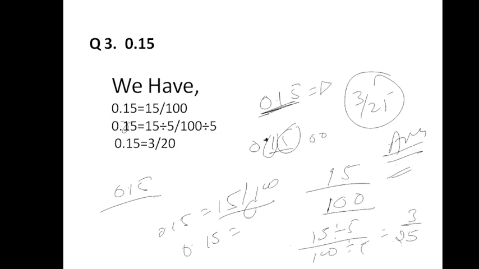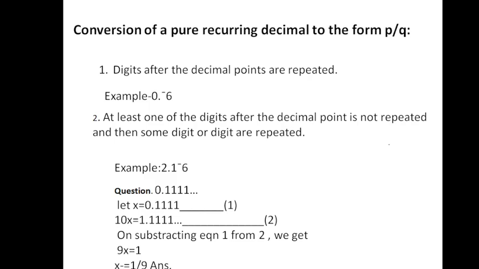Now we will move to another slide. In this slide we discuss conversion of pure recurring decimals to the form p by q. Here the digits after the decimal point are repeated.